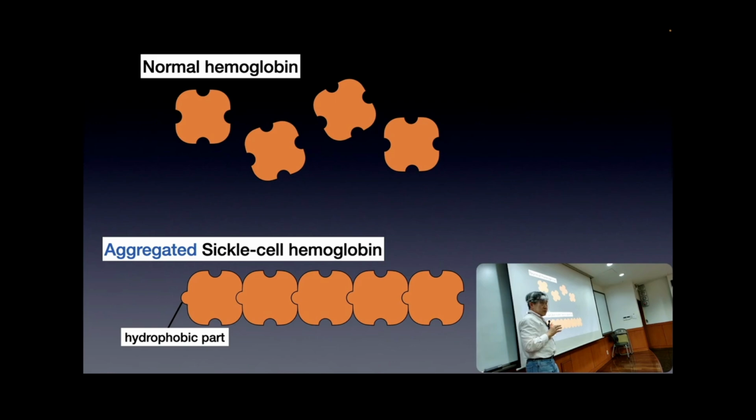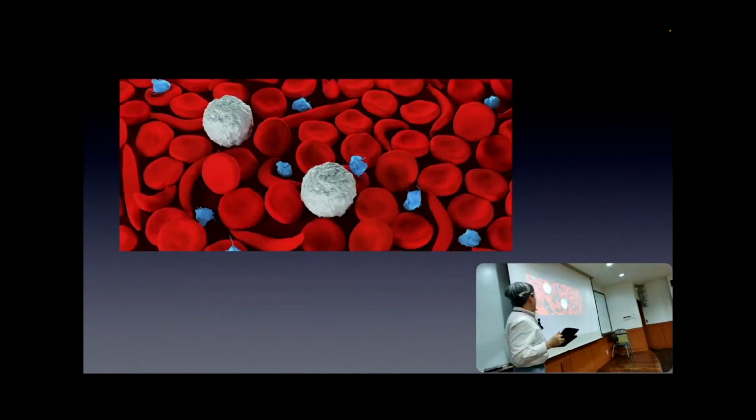Then, obviously, they are not able to carry out any oxygen transport. In this previous photograph, you do have a mixture of normal red blood cells as well as sickle red blood cells. You are lucky.